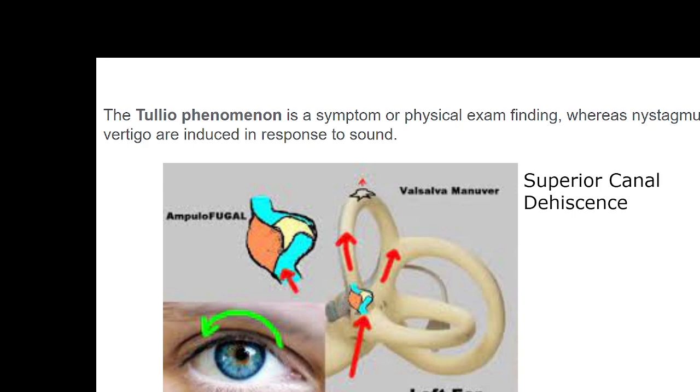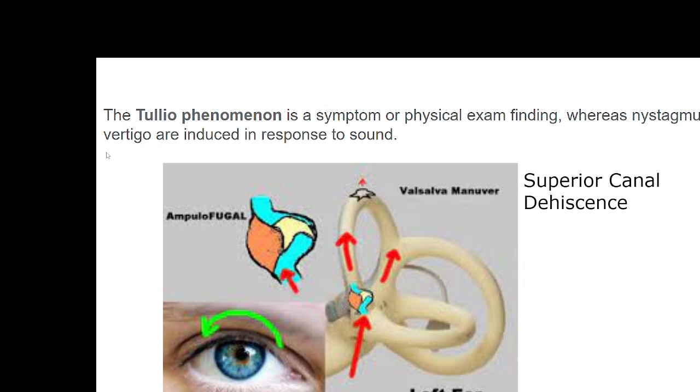Then Tullio phenomenon is a situation where the patient may have nystagmus and vertigo when there is a sudden sound formed around the area. If a sudden loud sound is produced, like a clap behind the head, which the patient should not see, it produces nystagmus, and that's called the Tullio phenomenon.